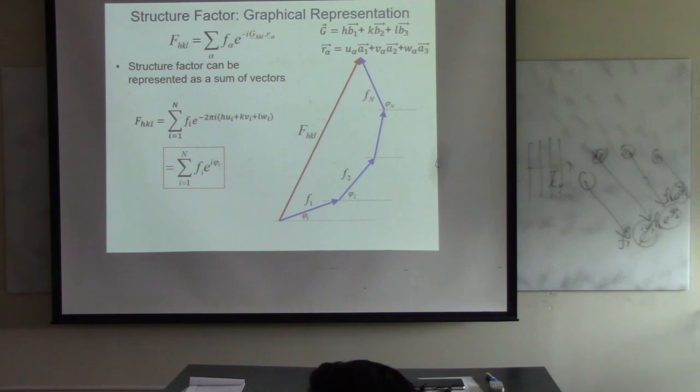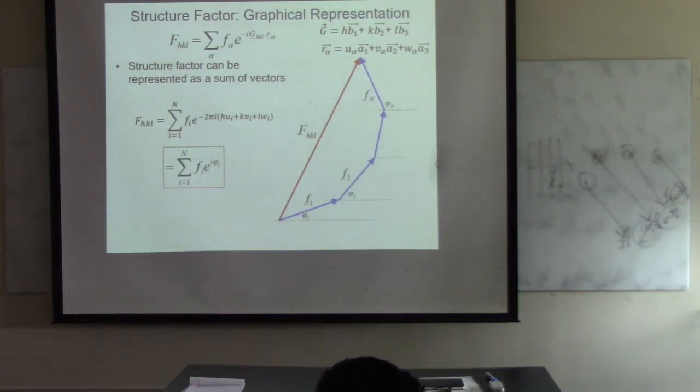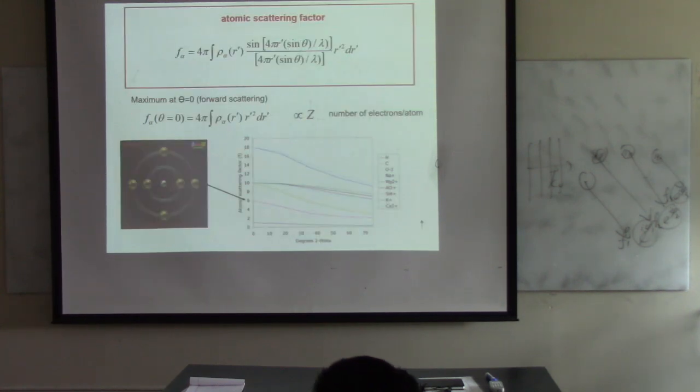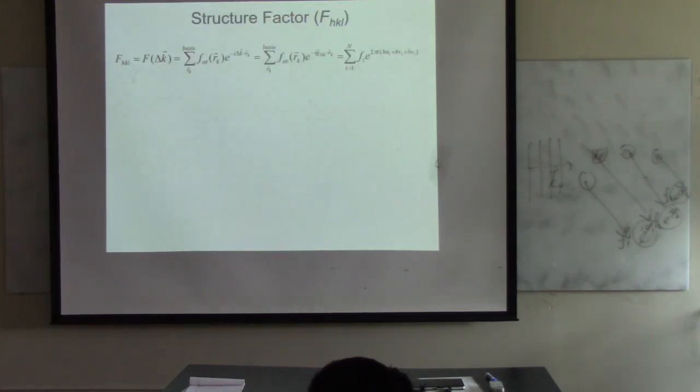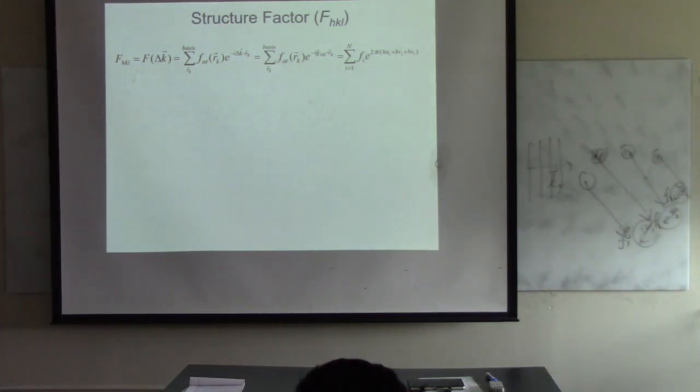Then what is R alpha? It's a position vector, right? So let's see what they use. I think they use UVW. Yeah, R alpha you can write as U alpha A1, right? That is in the real space.